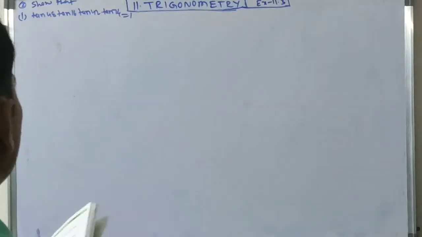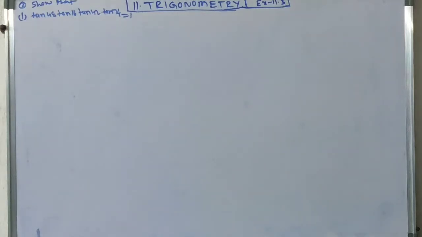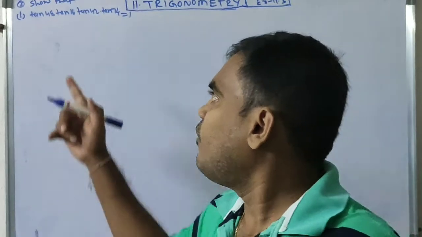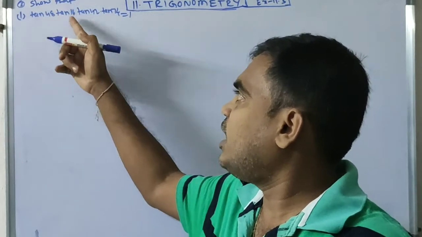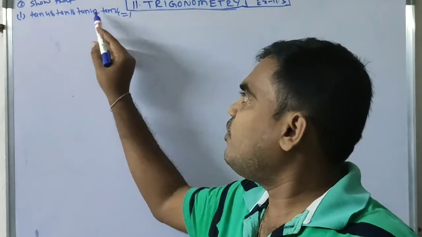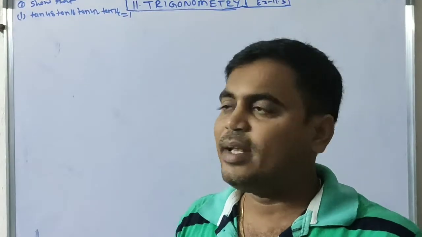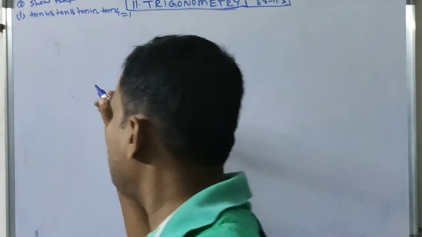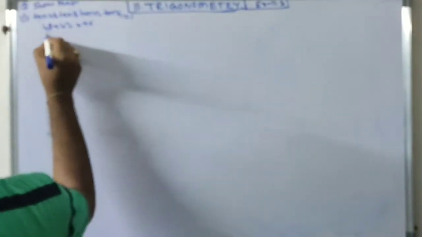So we need to prove this product is equal to 1. First I am taking the expression tan 48, tan 16, tan 42, tan 74. Observe, 48 and 42 are complementary angles, 48 plus 42 equals 90. 16 plus 74 equals 90.